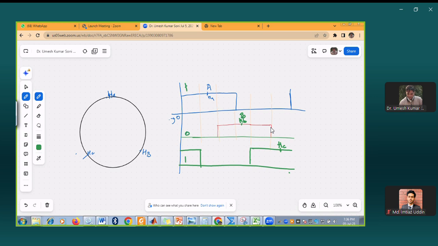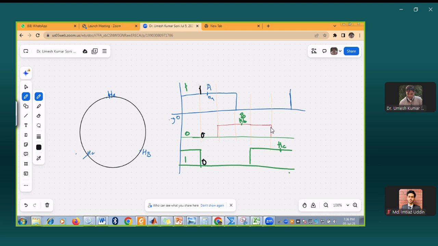Here we have the Hall sensor signal 1, 0 and 1. Here exactly after the completion of this rotation, this Hall sensor becomes 1 here. 1. And here is 0. And this is 0. Okay.